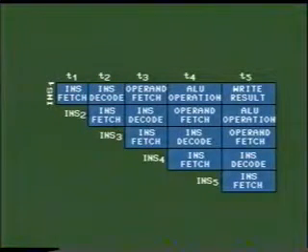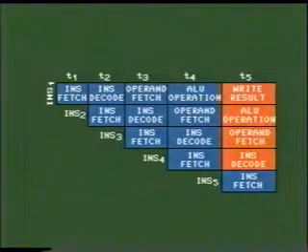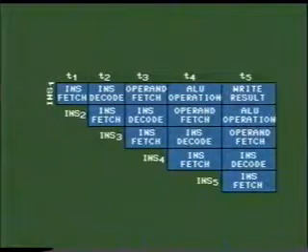In this way, in the 5th cycle, write result of instruction 1, ALU operation of instruction 2, operand fetch of instruction 3, instruction decode of instruction 4 and instruction fetch of instruction 5 are taking place simultaneously. This kind of parallelism is known as pipelining, which has been incorporated in the architecture to improve throughput.